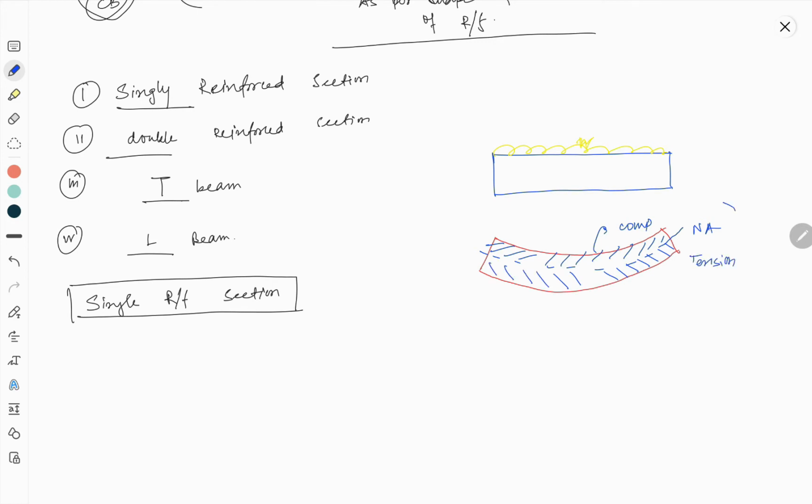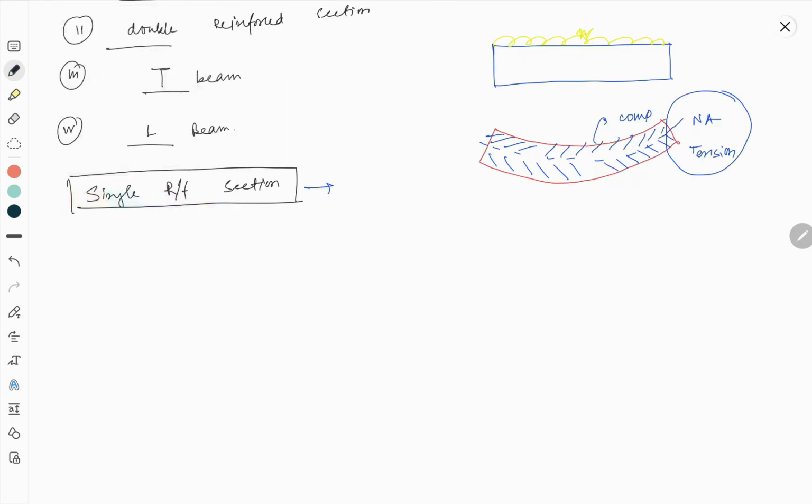From this concept we can conclude that above the neutral axis it is compression, below the neutral axis it is tension.